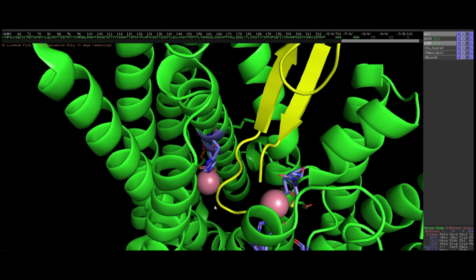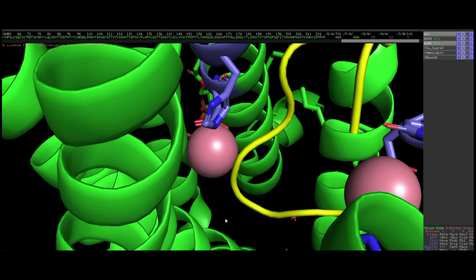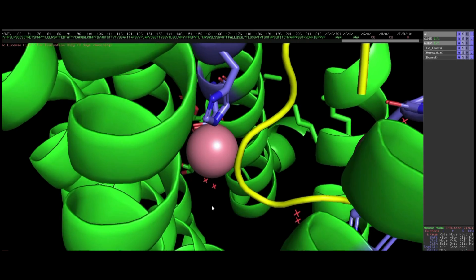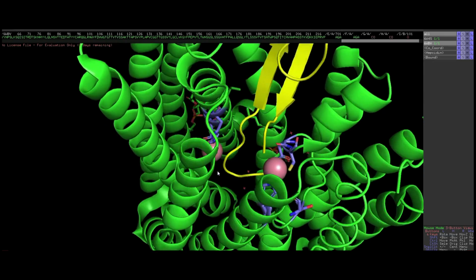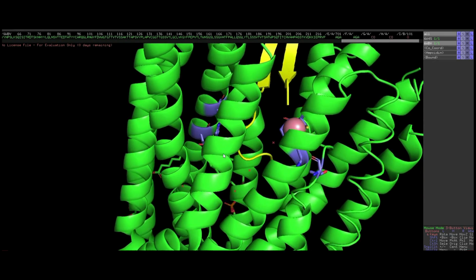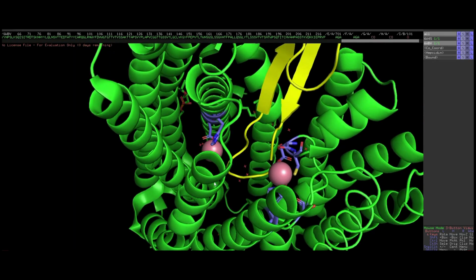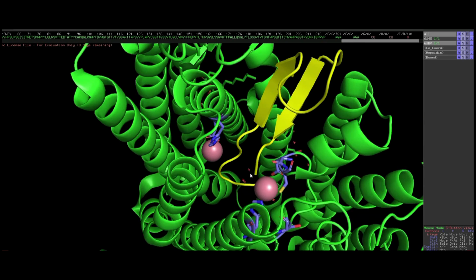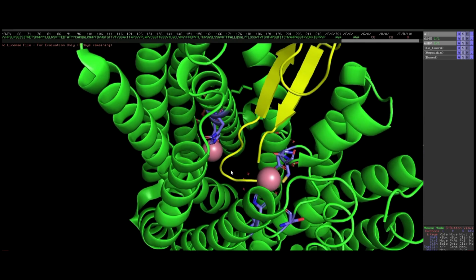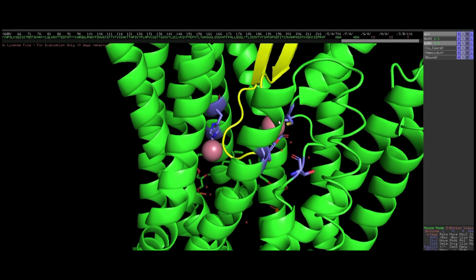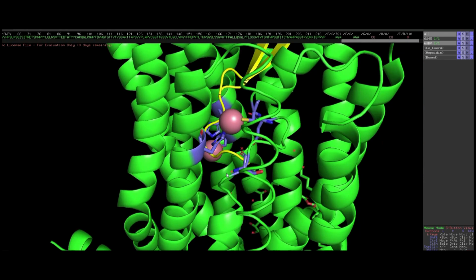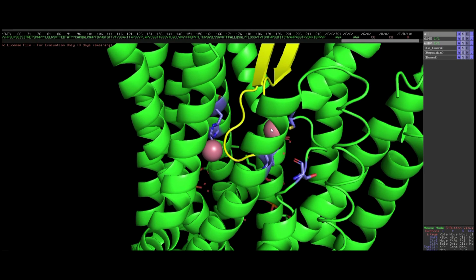And so in this one, these sort of salmon colored spheres here are actually cobalt atoms, but those would also be where the iron atoms would bind to it. And I have kind of in this purplish color the residues that are binding to those metal ions. And so yeah, that is where those bind to.